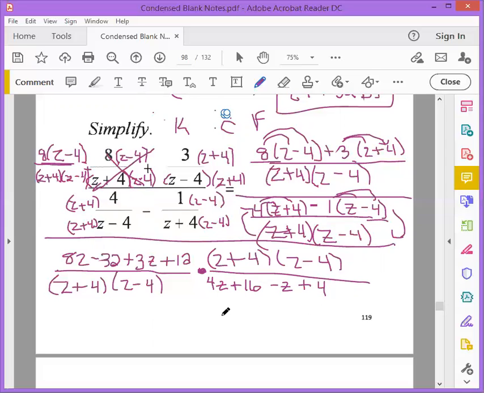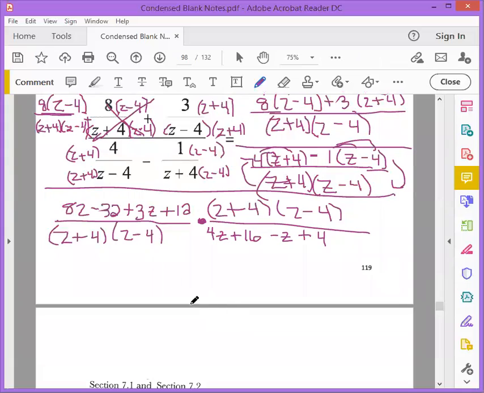Now we see where we can cross cancel here. You see how you have the z plus 4 and z minus 4, those two terms can be canceled that are diagonal to each other. Now, looking at our terms that are left, we have 8 z's here in the numerator. We have 4 z's, we have 3 z's, and minus z. So we have quite a few like terms that are side by side we can combine.